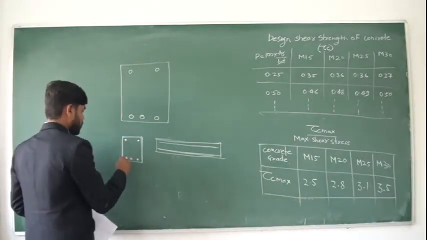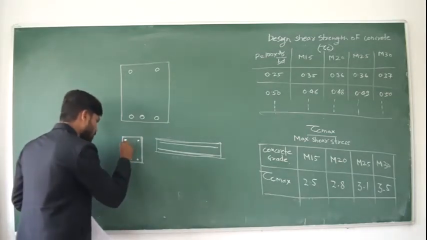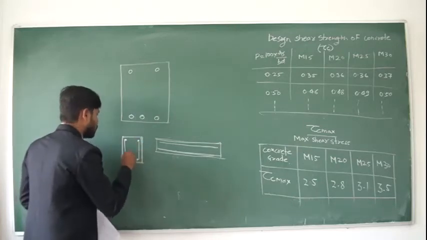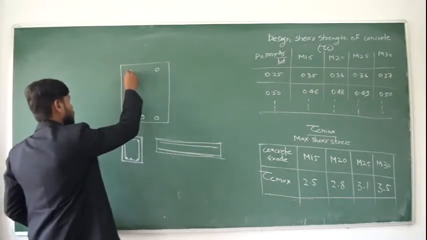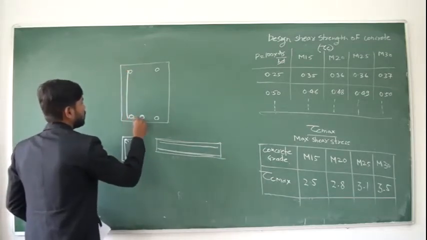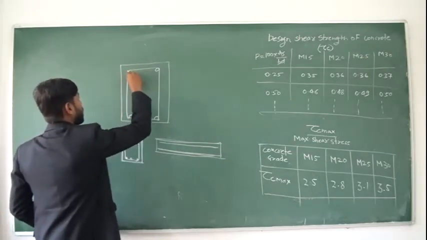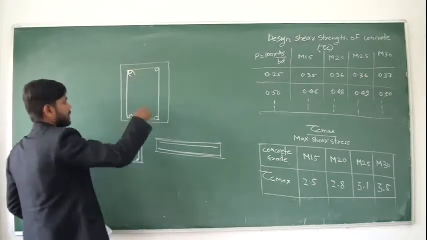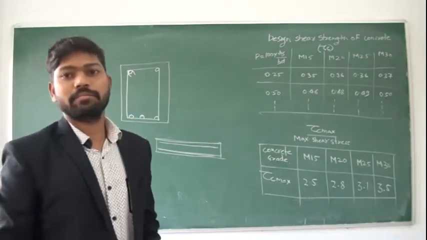Now see, if you have seen the reinforcement provided in a beam, all these bars are mounted with stirrups like that. You might have come across this figure. Such vertical stirrups are provided around the longitudinal bars in the beam.